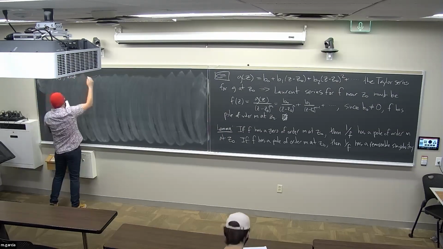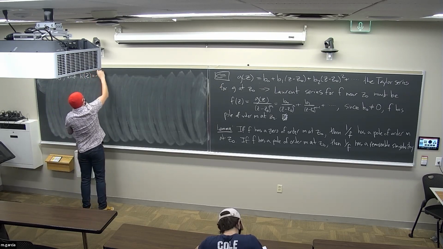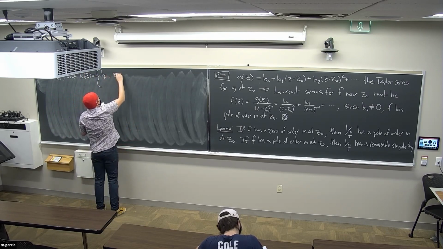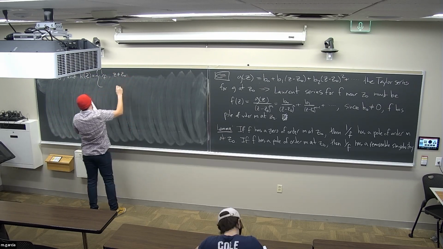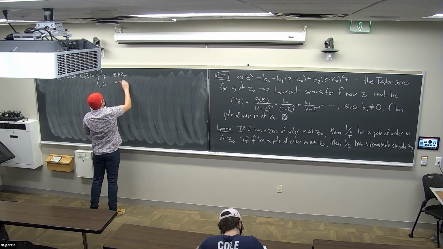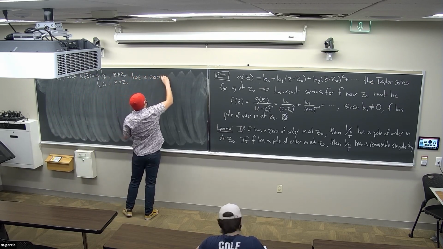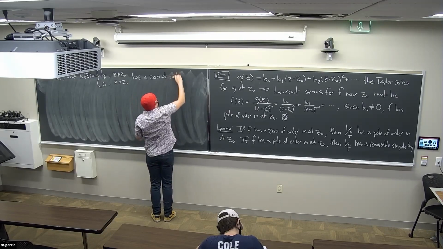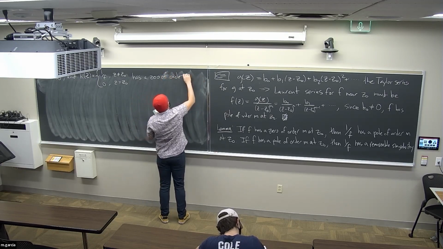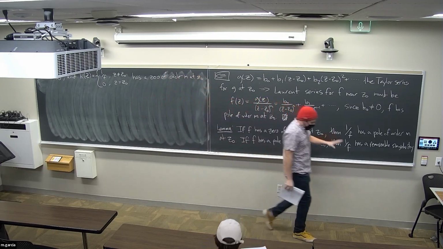And h of z is a new function that we define as follows: 1 over f for z not equal to z naught, and 0 at z equal to z naught, and it has a 0 of order m at z naught. This is just a consequence of exactly what we were just saying.